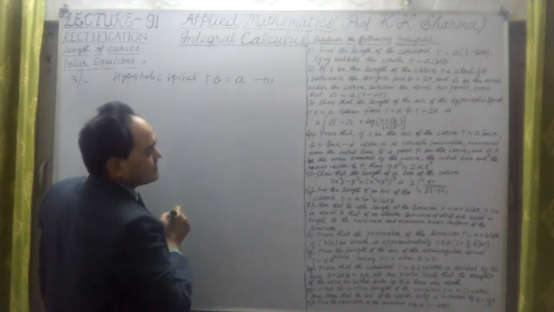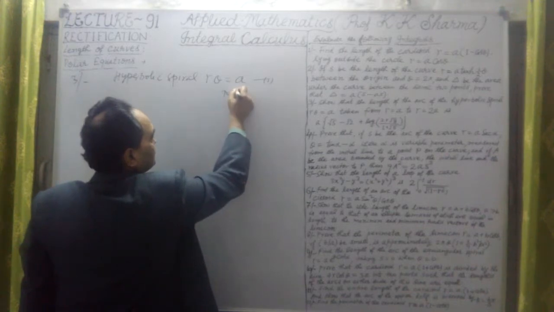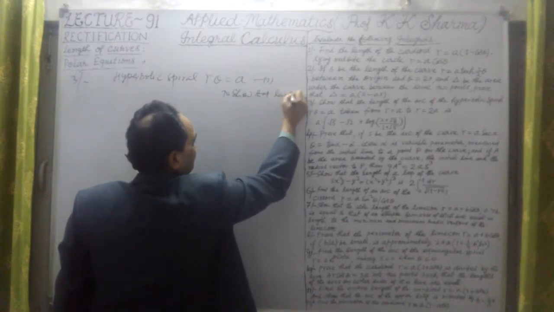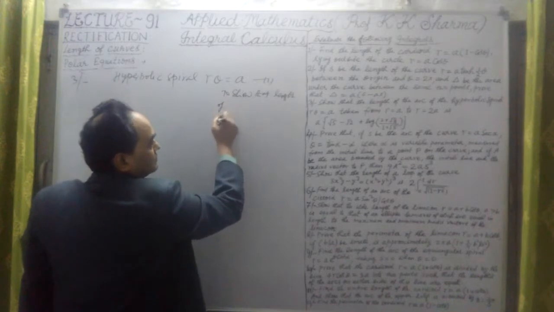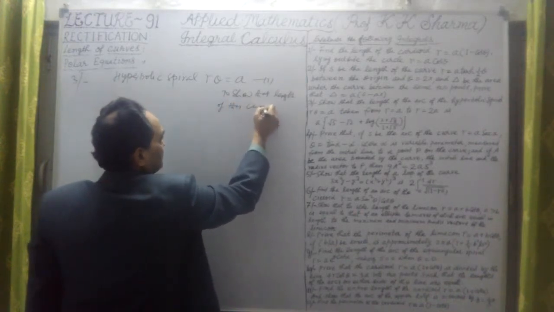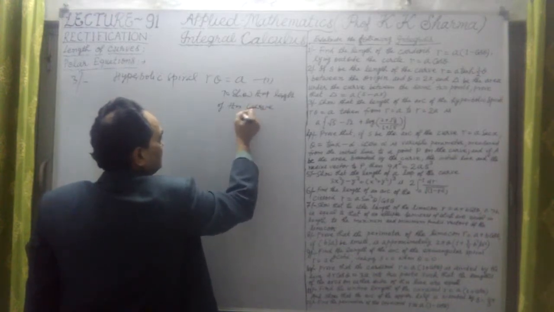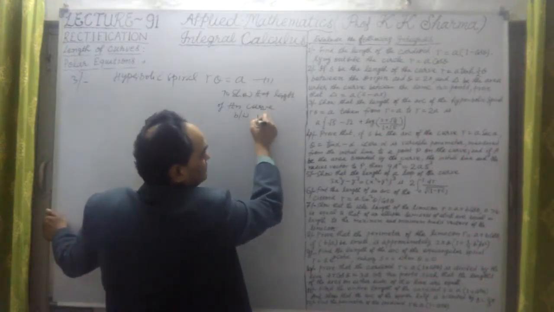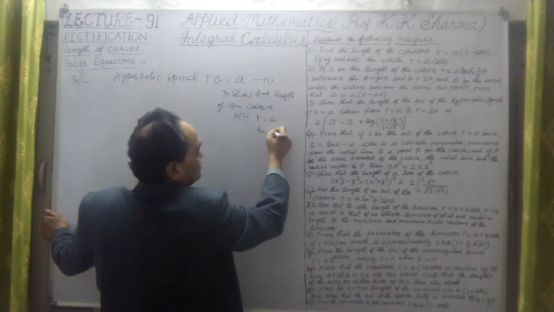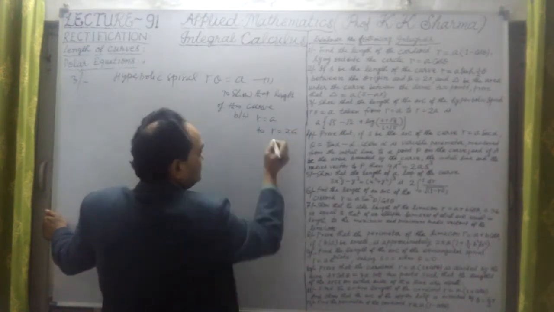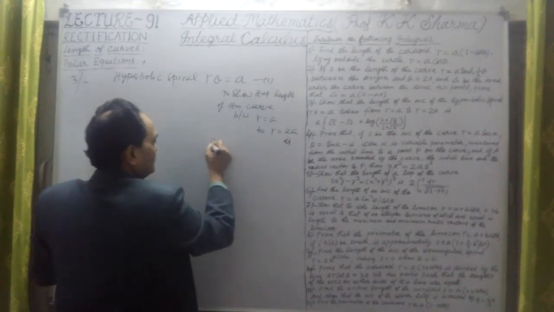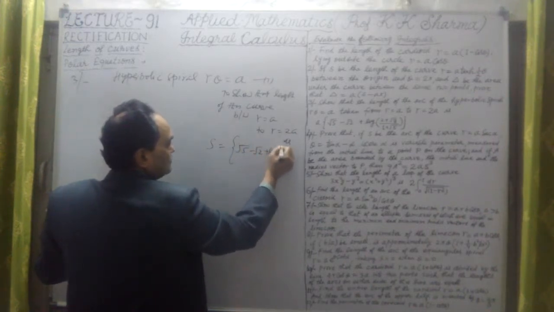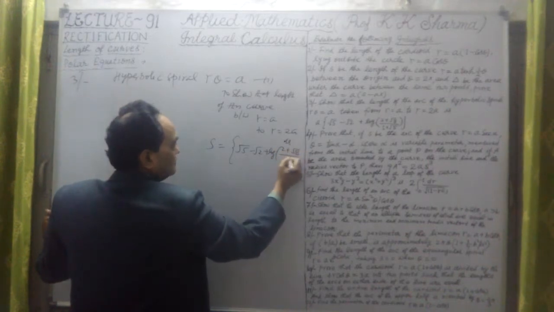Second, the length of the arc we have to find, to show that the length of this curve between r equal to a to r equal to 2a is, or s equal to, we have to find out, root 5 minus root 2 plus log of 2 plus root 8 upon 1 plus root 5.